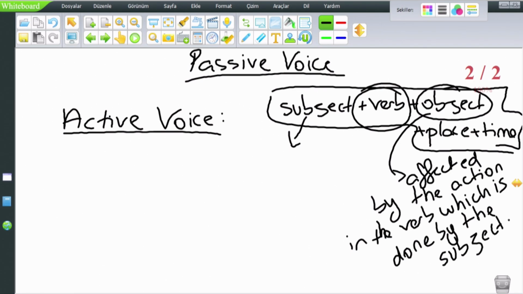This explanation is important. Why? Because we are going to switch places of subject and object in our passive voice sentence.